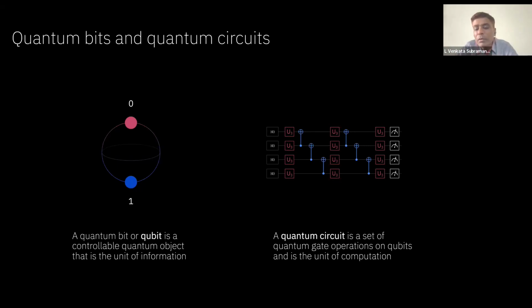Using these basic units of information, we build gates, and we build what are called quantum circuits. When you want to carry out any operation or program, you write it in the form of a quantum circuit that will run on a quantum computer. That's the flow today.